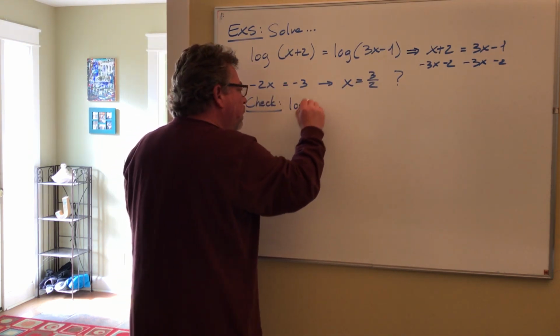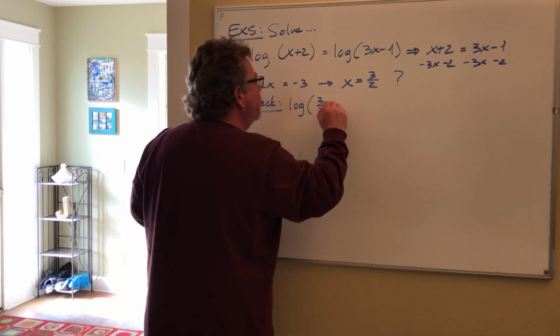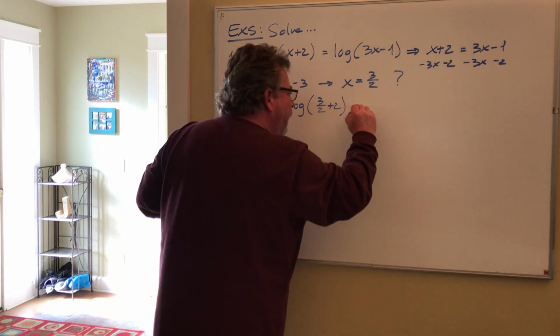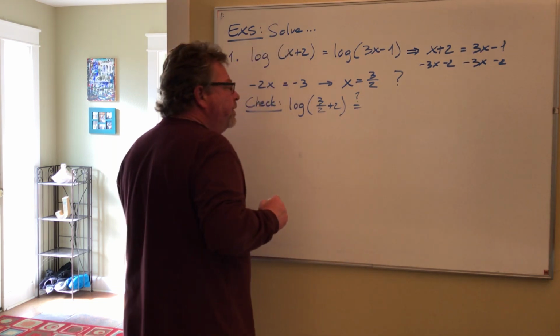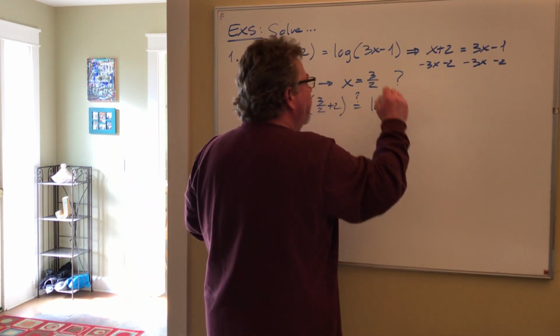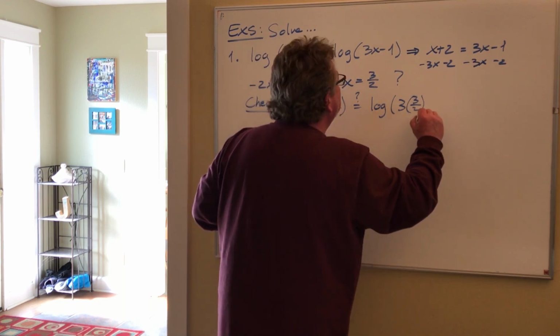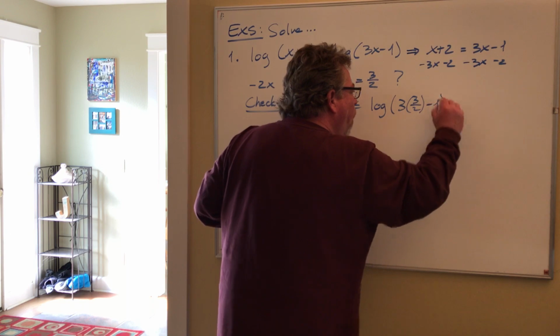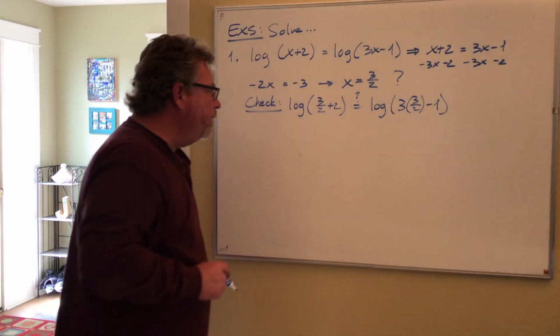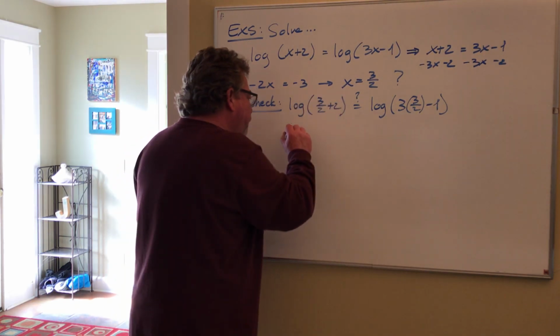So I need to look at the logarithm base 10 of 3/2 plus 2 and see if that is in fact equal to the logarithm base 10 of 3 times 3/2 subtract 1 and decide whether this is in fact the case.